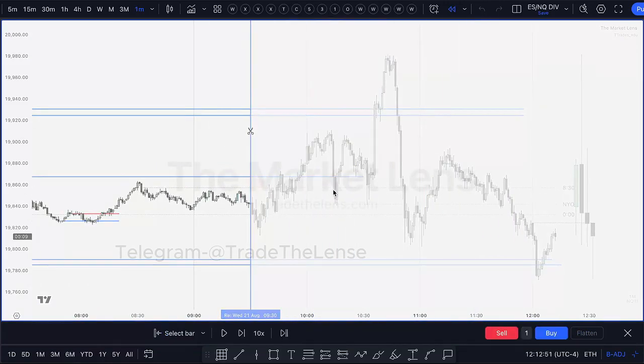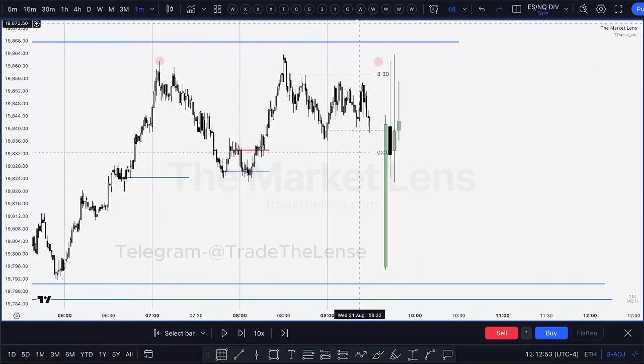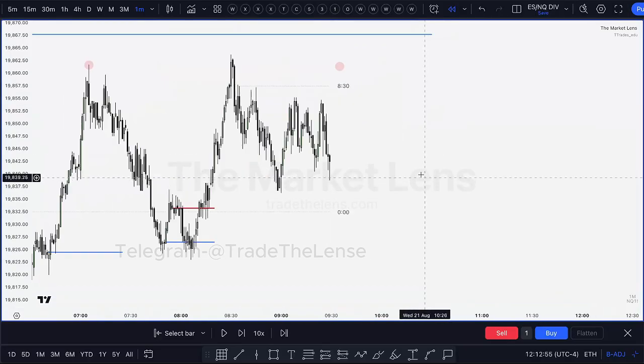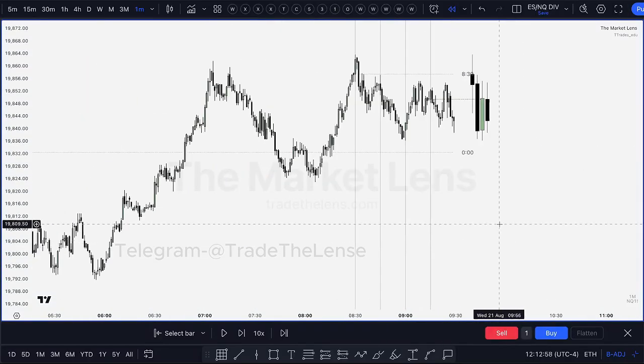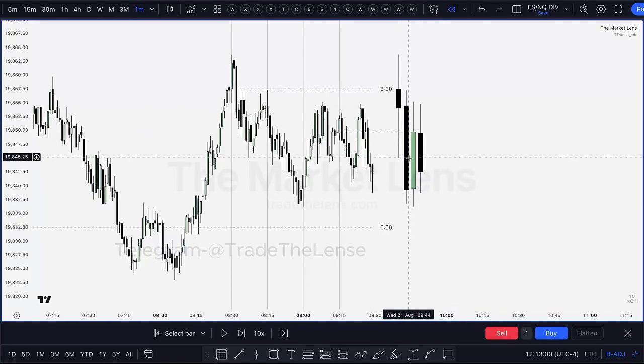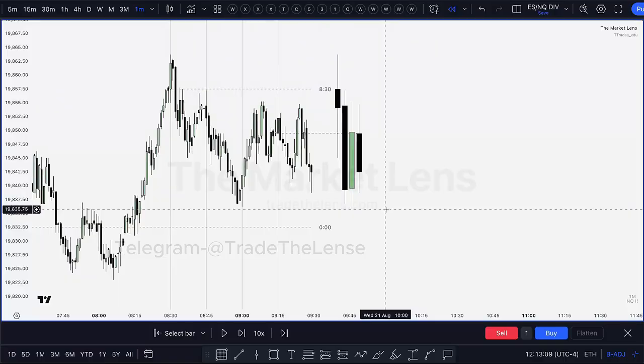Where's 9:30? There. We'll pull up the 15 and I'll remove all these trends. So for example here, this is nothing that I trust, right? There's no protected low setup prior to 9:30 to allow for movement, right? Does that make sense?